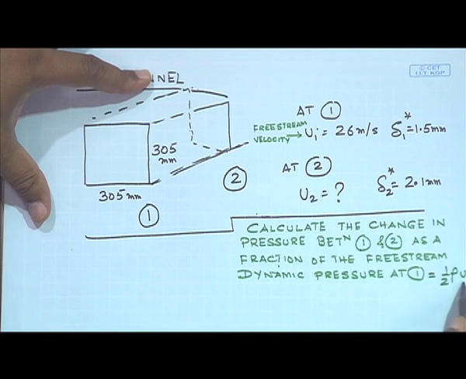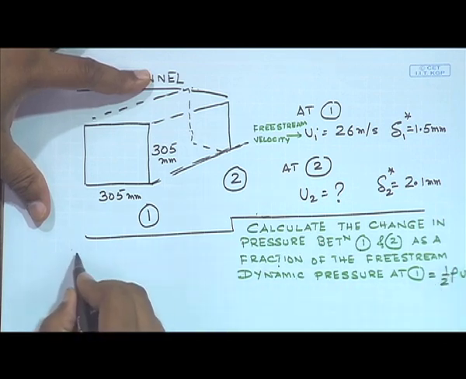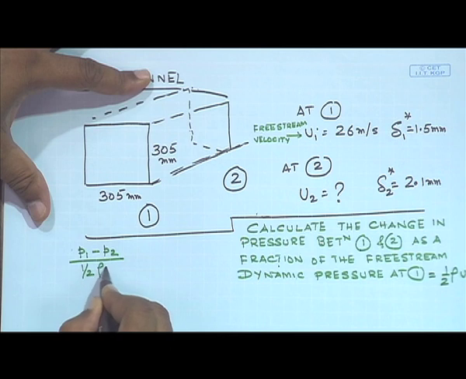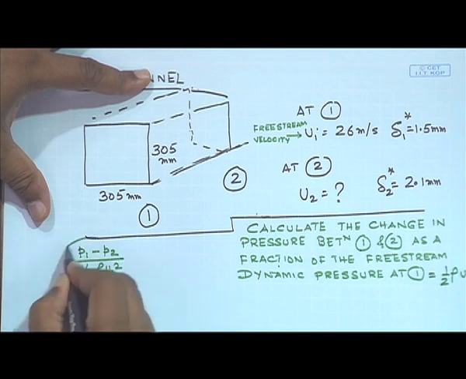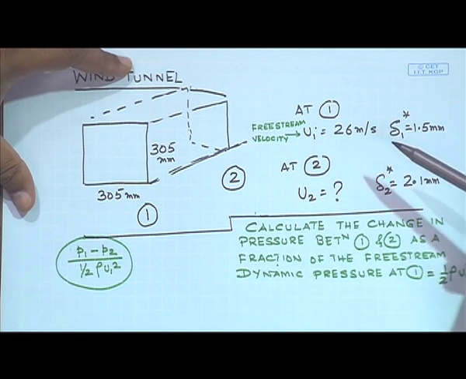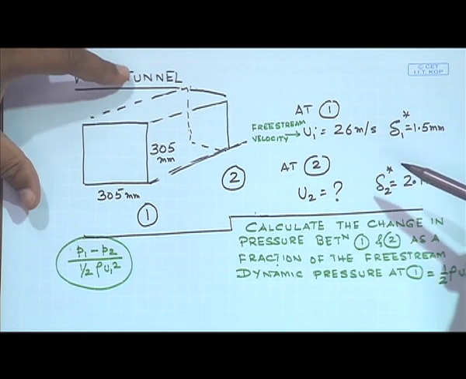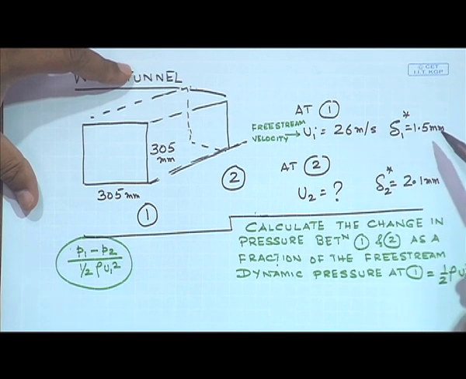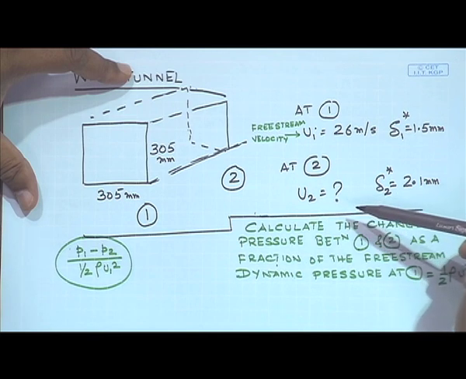So u1 is the free stream velocity at 1, and half rho u1 square is the dynamic pressure. So I would like to find out what is P1 minus P2 divided by half rho u1 square. This quantity is to be evaluated based on the numbers provided, that is u1 is 26 meter per second, delta 1 star, delta 2 star is given, u2 is not provided.